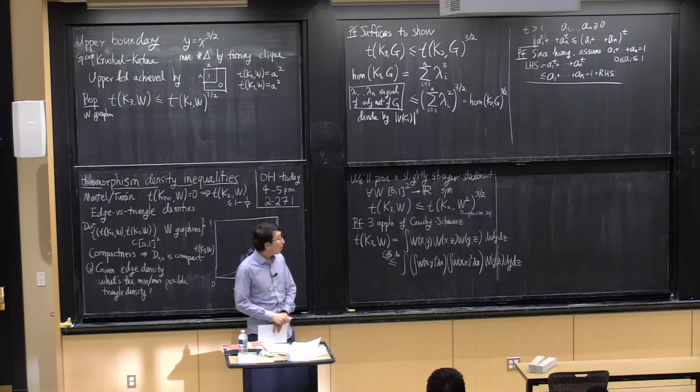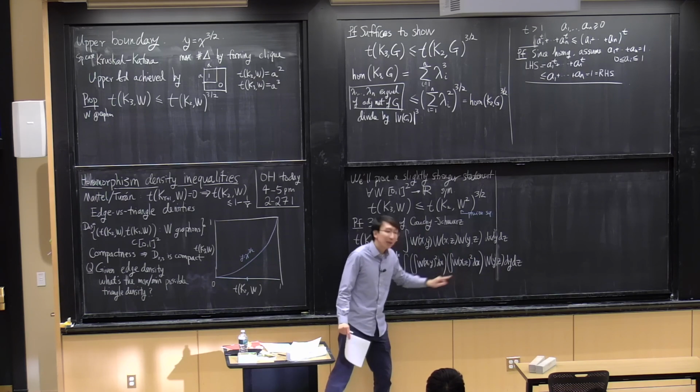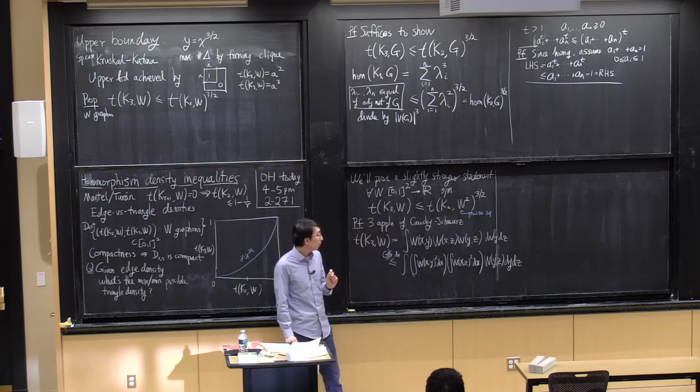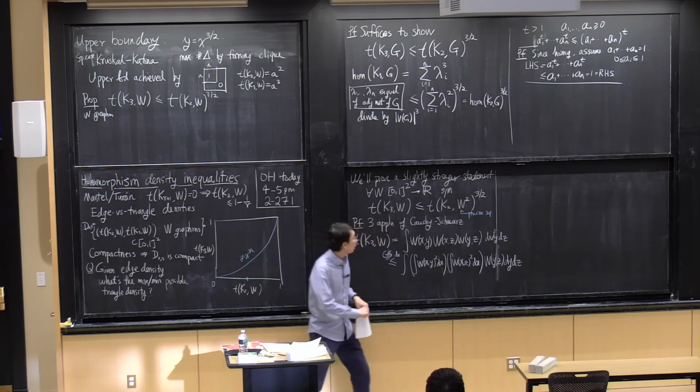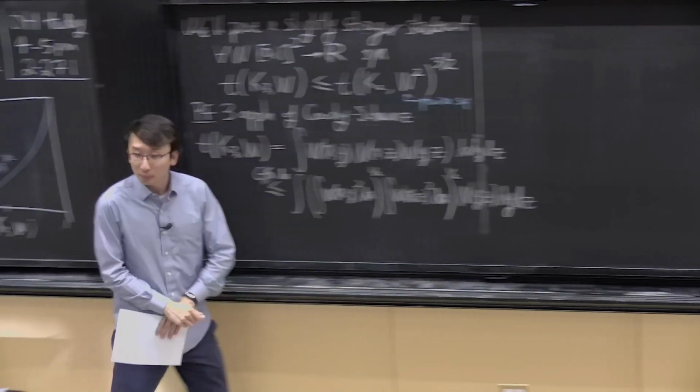Okay, so that's the first application of Cauchy-Schwarz. You apply with respect to dx to these two factors, split them like that. Thank you. There's a normalization missing. Yeah. Good.